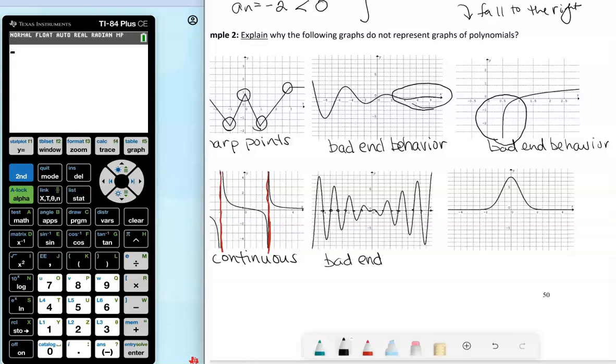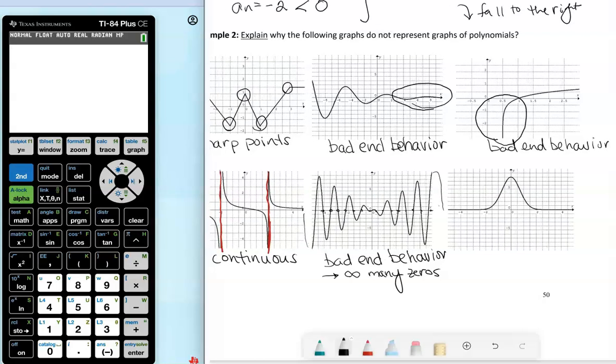And we know it has bad end behavior, even though the end looks like, oh, it may be going to infinity. And this end over here on the left may look like it's going to negative infinity. But looking at the behavior of the graph, we know that these ends are actually going to turn. So it has bad end behavior because it has infinitely many zeros. So it's never going to go off to positive or negative infinity in the y direction.